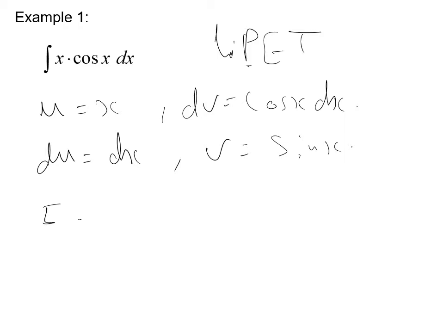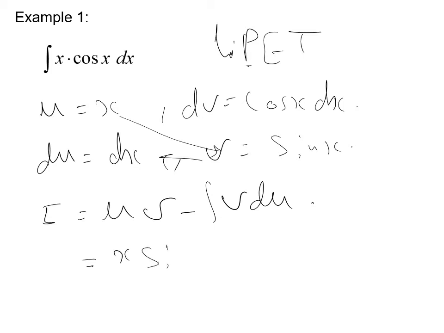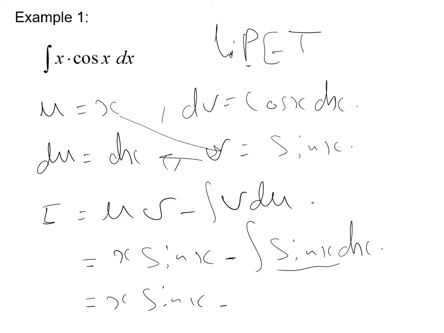Our integration will be uv minus the integral of v du. So we will have x sine x minus the integral of sine x dx. So it's easy now to get this integral, right? x sine x minus the integral of sine, which will be negative cosine.